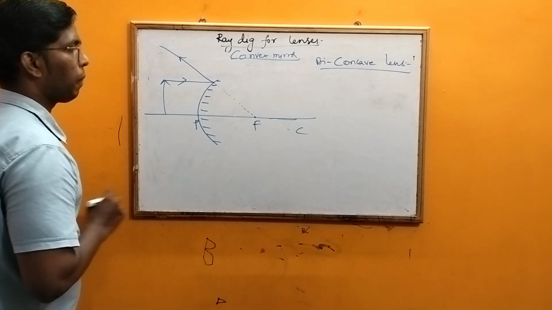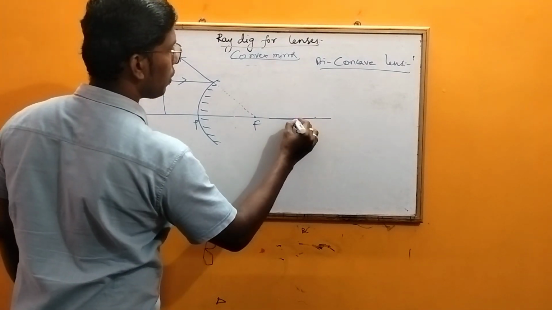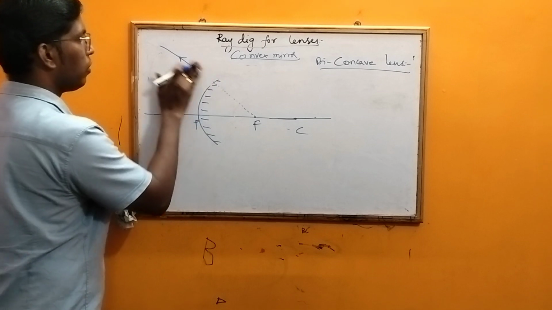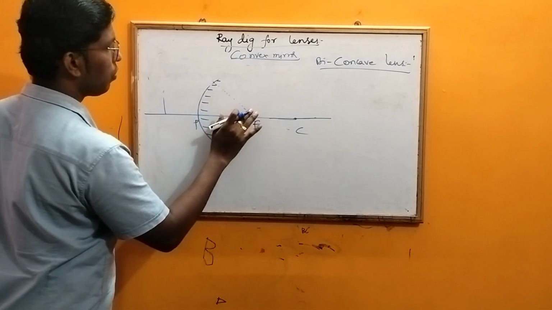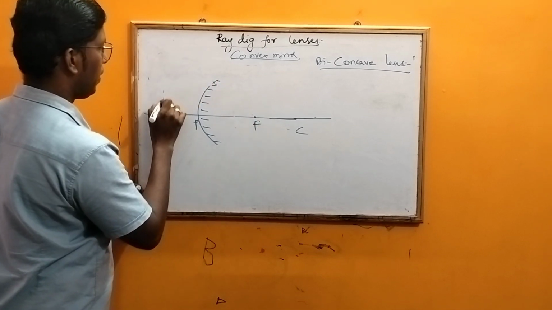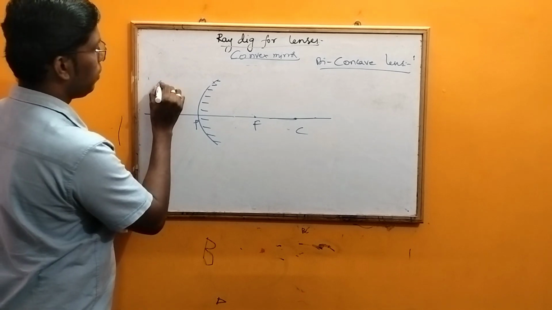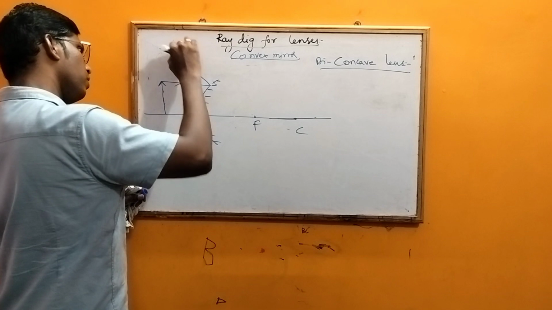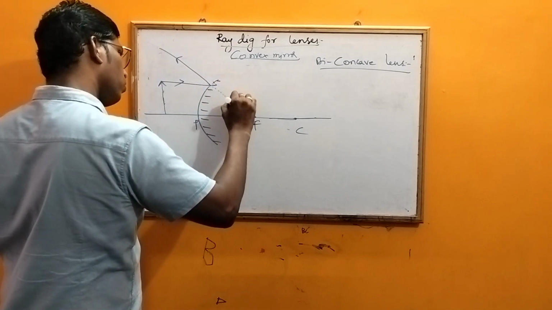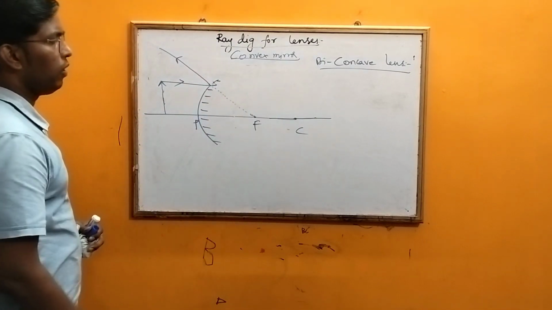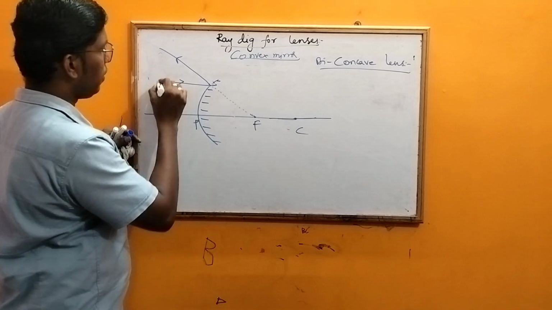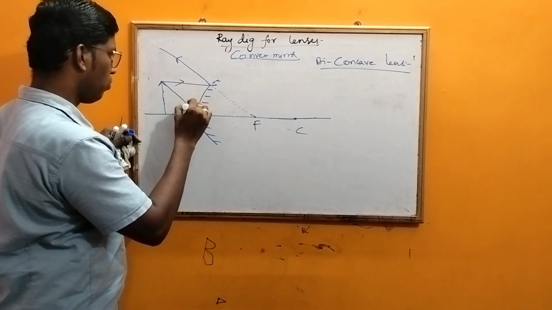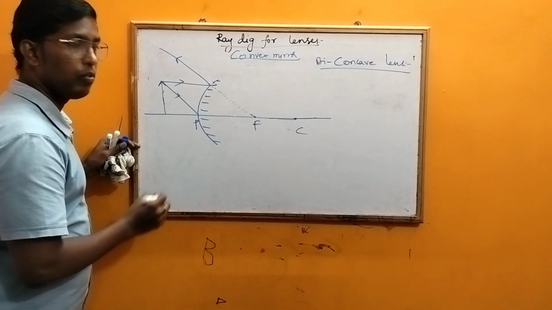And suppose the center of curvature. I'll take a small lens. Parallel, what happens? It diverges, it appears to pass through the focus point. So another condition you can take, passing through the pole.